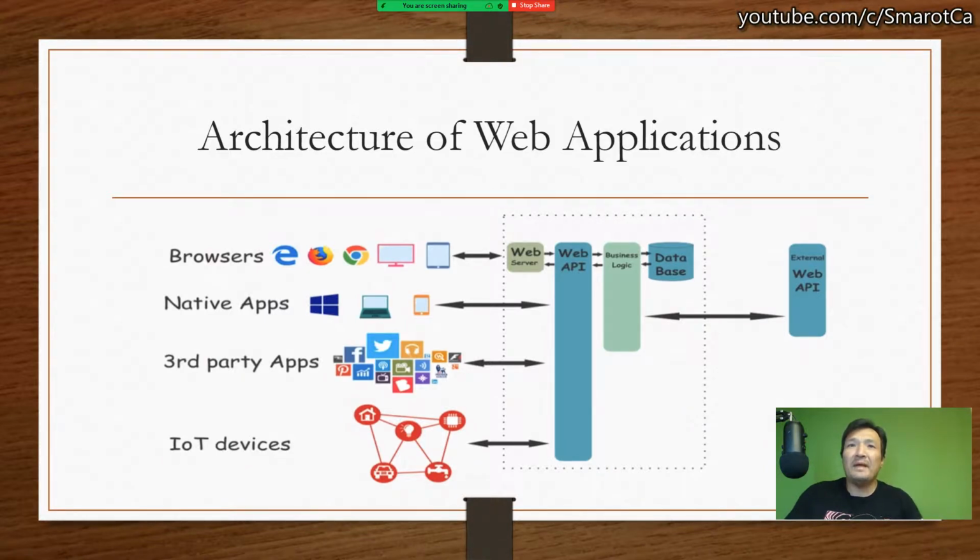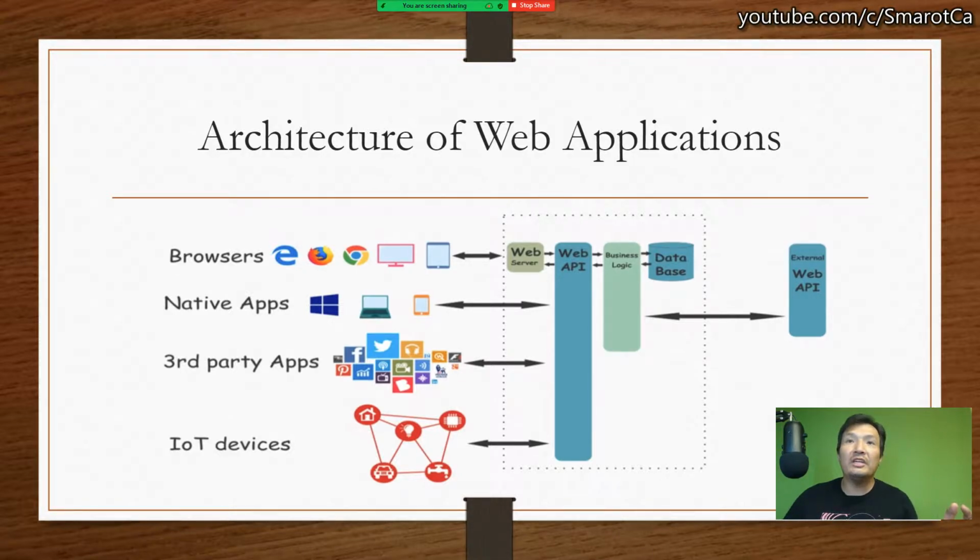What does web API mean? Web API, web application program interface. So our UI, user interface, the front end, is the user-facing interface of the application. But backend has its own interface.